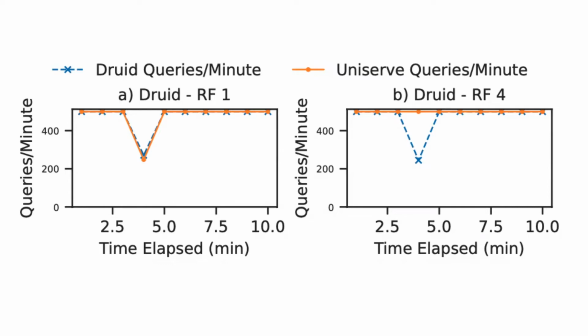The right one has 4 replicas of both Druid and Uniserve. So when a server is killed, Druid fails quite a lot of queries and takes time to get back up to route queries to the replicas. However, Uniserve recovers almost instantly. With that, the evaluation ends.